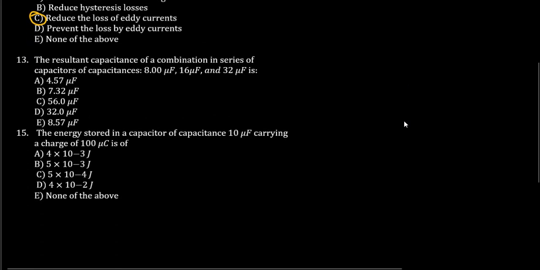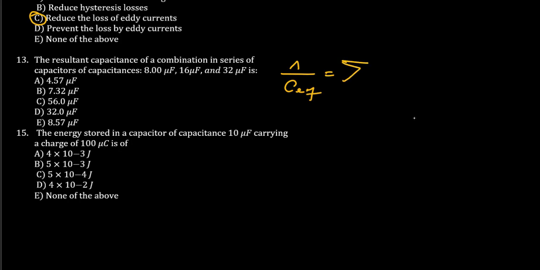Question number 13. The resultant capacitance of a combination in series of capacitors of capacitance 8 microfarad, 16 microfarad and 32 microfarad is. For capacitance in series, the equivalent capacitance is given by 1 over C equivalent equal to the sum, as i runs from 1 right up to n in general, of 1 divided by Ci.